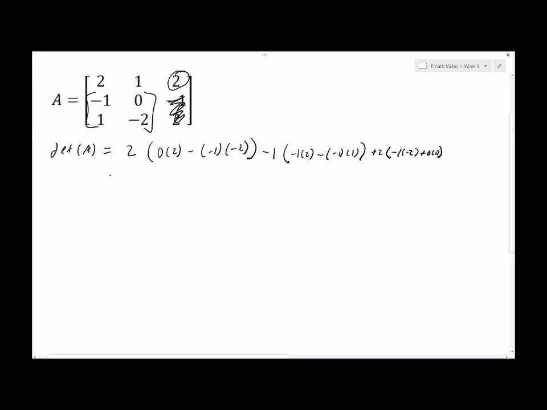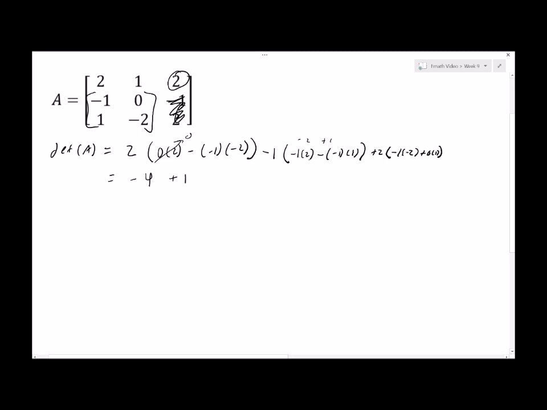So if we simplify, it's going to be 2 times, this is 0 minus a positive 2, so it's going to be negative 4. Negative 1 times this negative 2 plus 1, it's a negative 1 times negative 1, which is a positive 1.